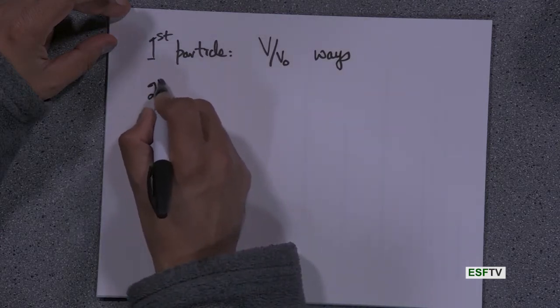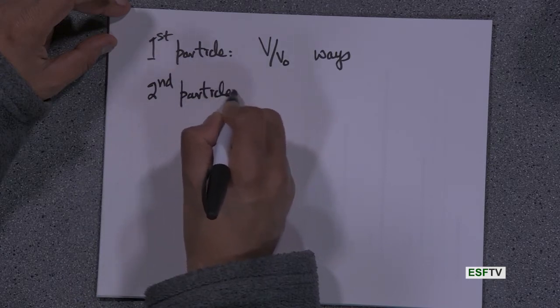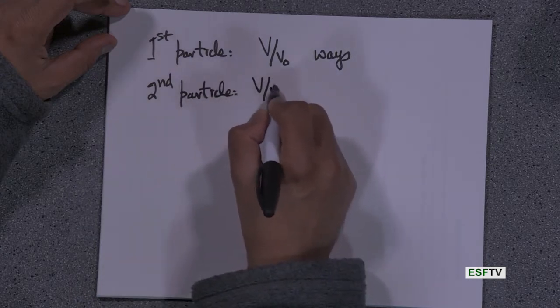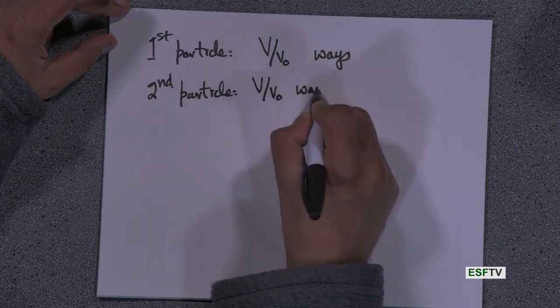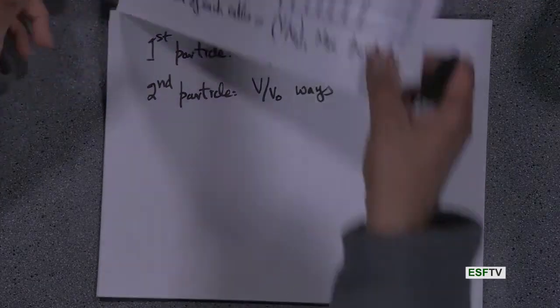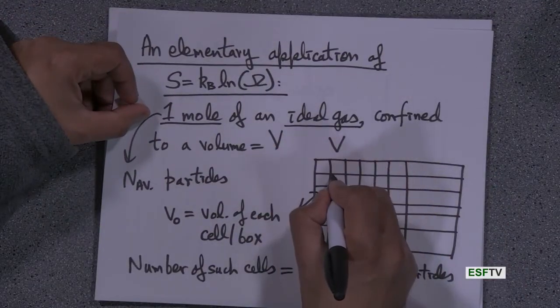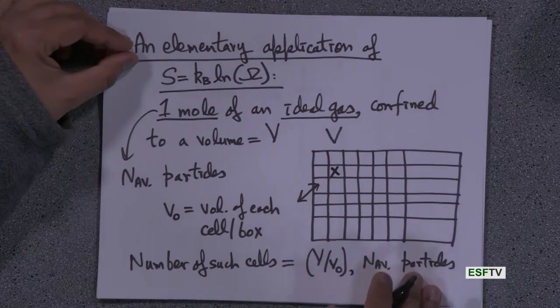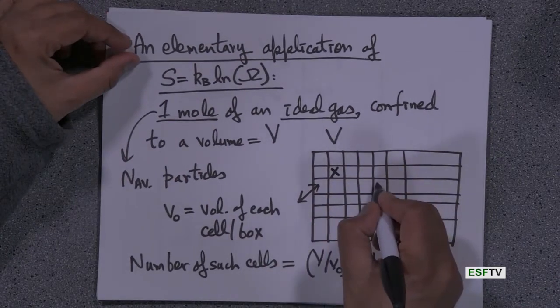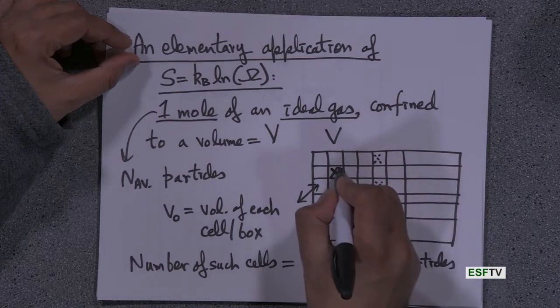The second particle also can be placed in any of these cells. Why so? Because remember, we are talking about an ideal gas. So let's say we place the first particle in here. The second particle can go anywhere. It could go here, could go here, it could also even go here.